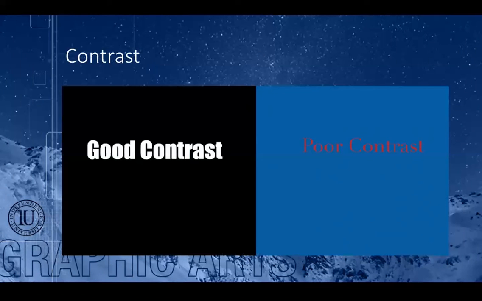Now, contrast doesn't just have to do with color or value. It also has to do with text. So, using a thick text next to a thin, tall, skinny text makes for good font pairing. And then also include contrast in terms of size, so something large next to something small, or contrast in shape, so something that's square next to something that is circular.